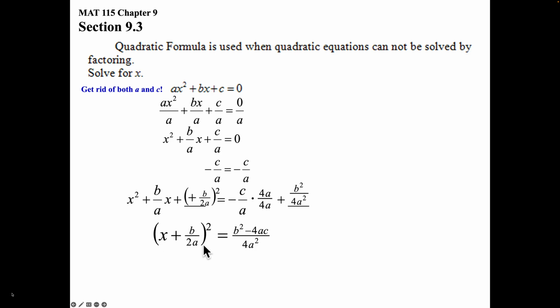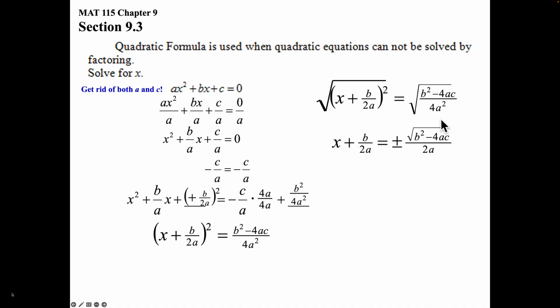So again, recall to solve this, we're going to take the square root of both sides. The denominator, you will be able to take the square root of that. The square root of 4 is 2, the square root of A squared is A. The top, you cannot simplify. Even though you have a B squared here, there's this minus 4AC.